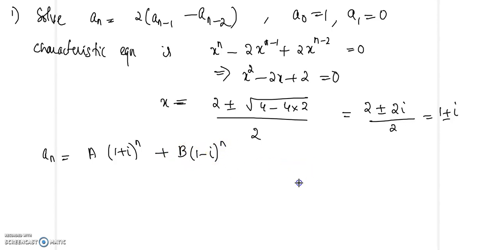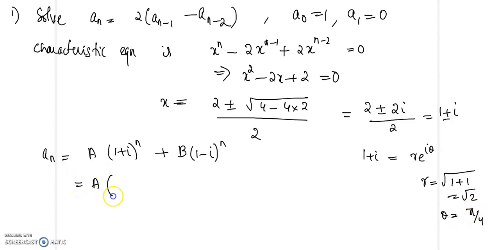Now when you take 1 plus i, let us represent it in terms of cos and sin. For 1 plus i, you have x equal to 1 and y equal to 1, so this will be equal to r e^(i theta). r is going to be root of 1 plus 1, so that will be root 2, and theta will be equal to tan inverse of y by x, so that is tan inverse of 1, so we will get pi by 4.